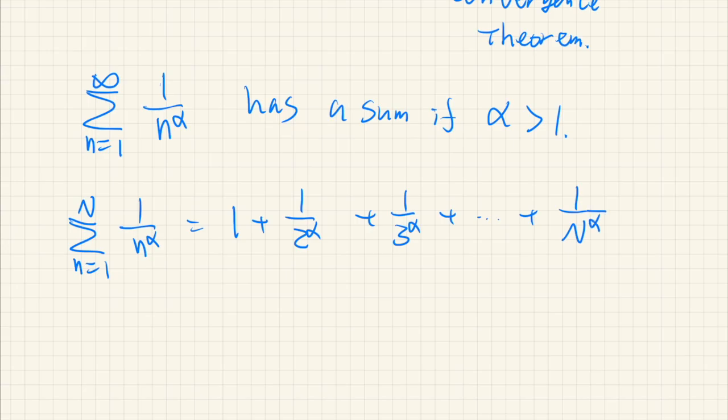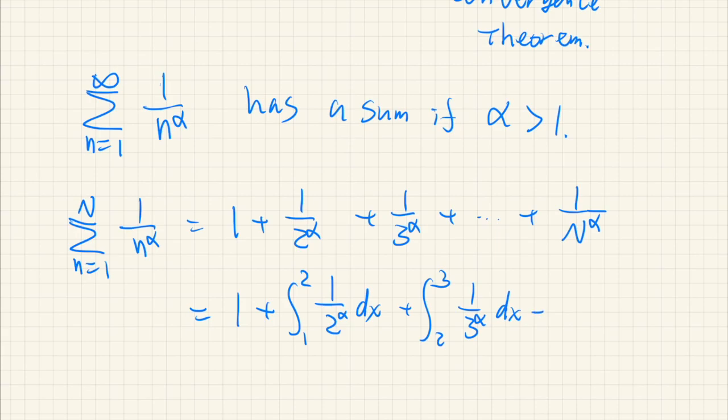And now, just like in a previous example, we express this in terms of an integral. From 1 to 2, we integrate this. From 2 to 3, we integrate this, and so on, and from N minus 1 to N, we integrate this.